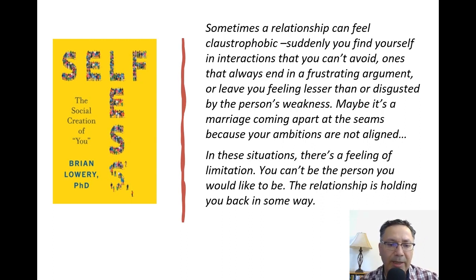You can't be the person you would like to be. Do you remember this is what Carl Rogers said following Kierkegaard, that it is everybody's goal to be who they are, to be genuine? If you don't feel you're living a genuine life, you're not being yourself, then you're going to struggle. You're going to feel limited, and in the context of relationships, right?